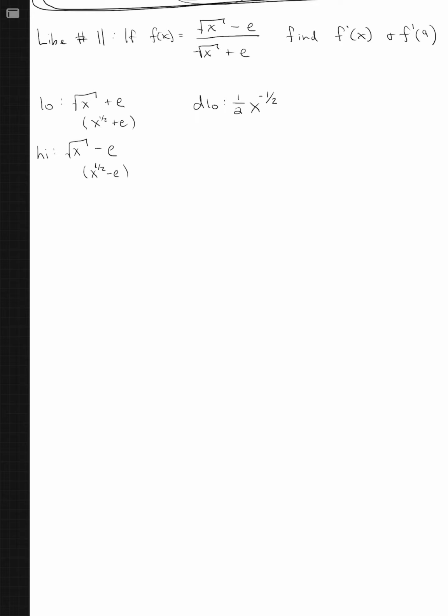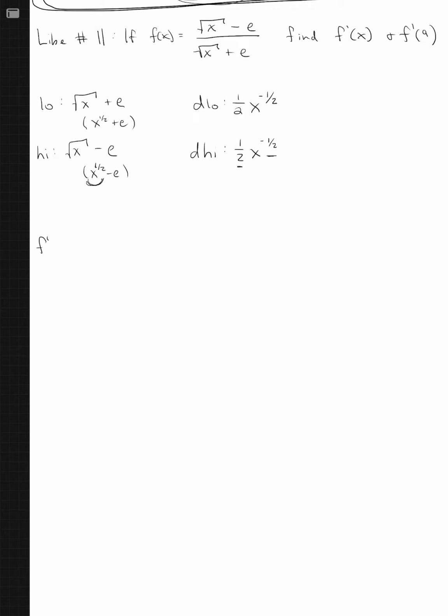And so when we take the derivative of it, it becomes 0. d high is actually going to be the exact same thing, right? Because we take the derivative of the square root of x, we bring that 1/2 power down, and we subtract 1 from 1/2 to get negative 1/2. And negative e is also just a number. So when we take the derivative of it, we get 0 again.